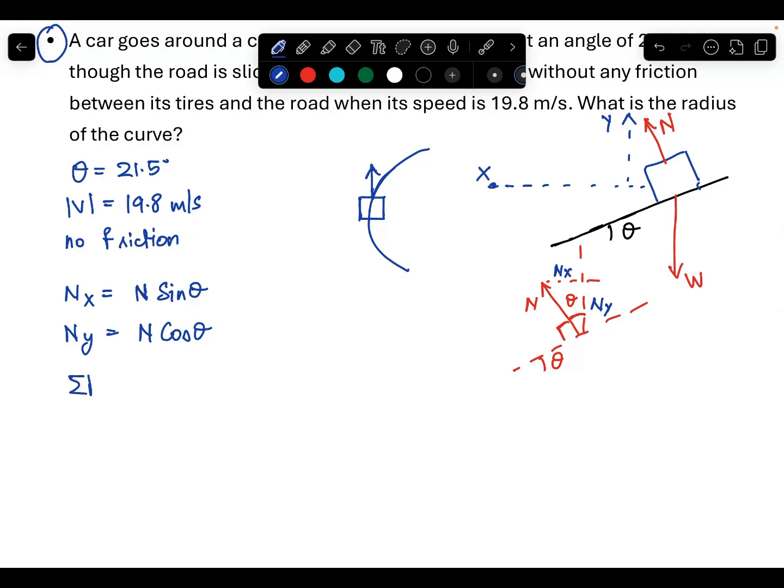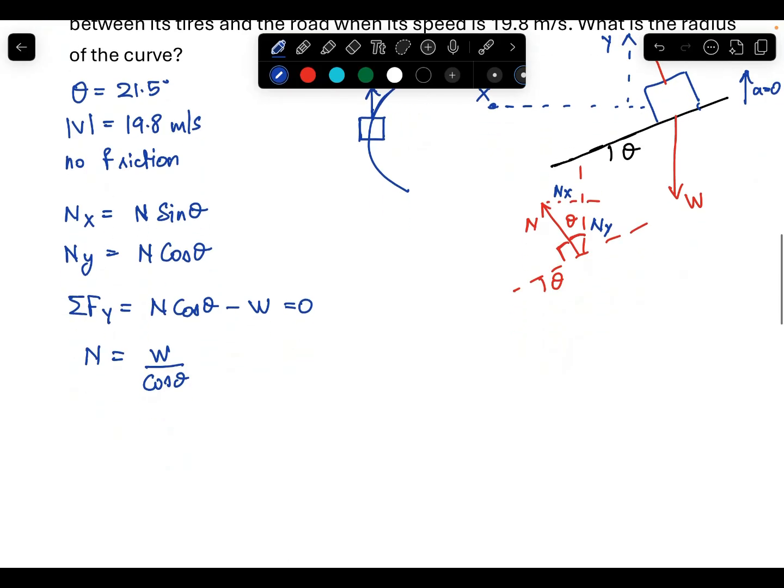So performing summation of forces in the y direction, I get N cosine theta minus W is equal to 0, because the acceleration in the y direction is equal to 0. So N is equal to W divided by cosine theta. That's one equation.